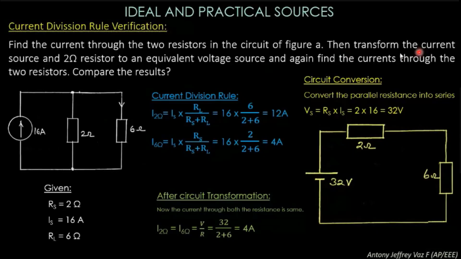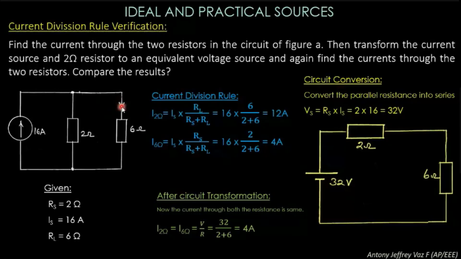Then transform the current source and 2 ohm resistance to an equivalent voltage source and again find the currents through the two resistors. Compare the results. Can you understand the question? In this circuit, first we are going to find the current flowing through the 2 ohm resistance.